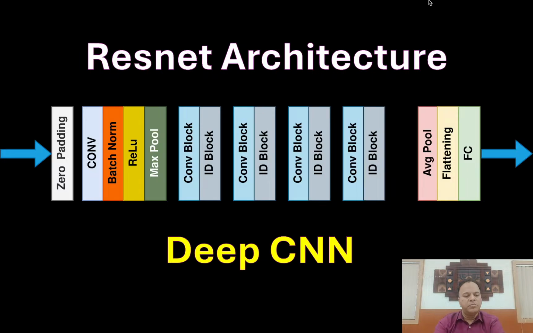Then we do batch normalization that will adjust the weights in a batch instead of one by one. Activation functions I might have mentioned in the past. I also have a video on activation functions, what they are. ReLU is one of the best here for CNN. What it does is reduces the dimensions. It will only keep the most important features like eyes, ears, nose, some of the parts of the face and all.